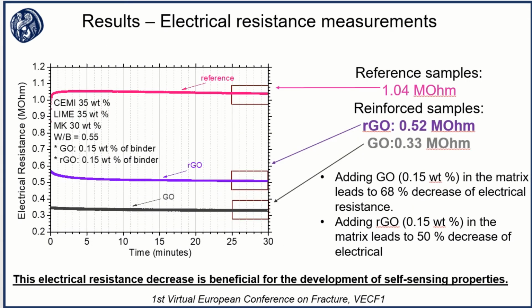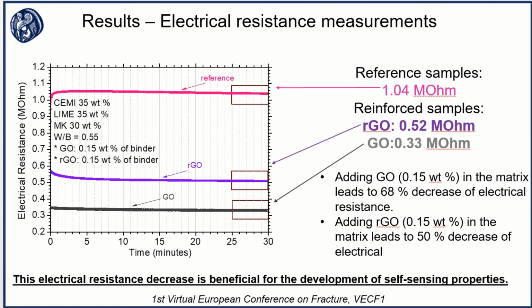Moving on to the results of the electrical resistance measurements, the figure of the electrical resistance with time evolution is presented for the reference material, the matrix with GO and the matrix with RGO. Reference samples presented 1.04 megaohm, while for the reinforced samples it was 0.33 megaohm for the GO and 0.52 megaohm for the RGO.